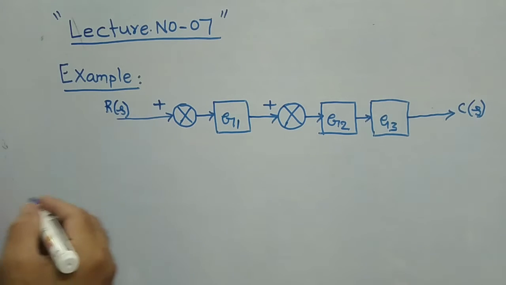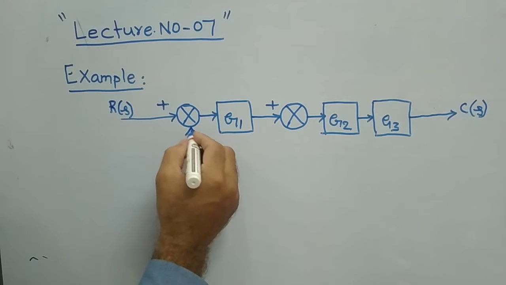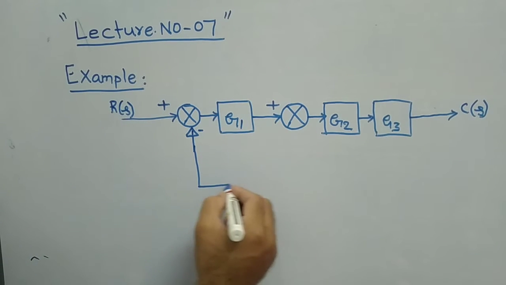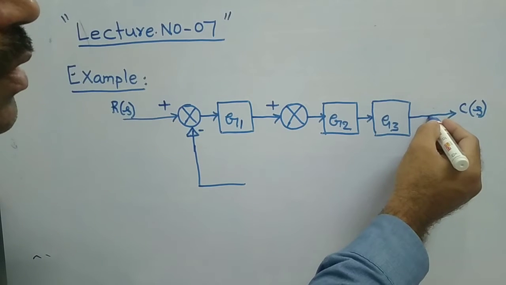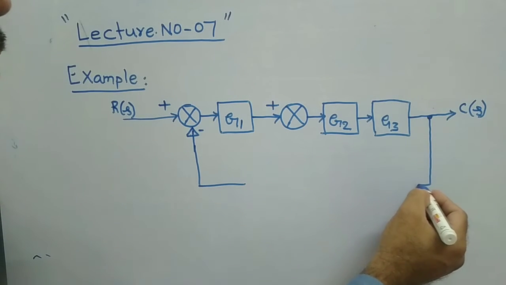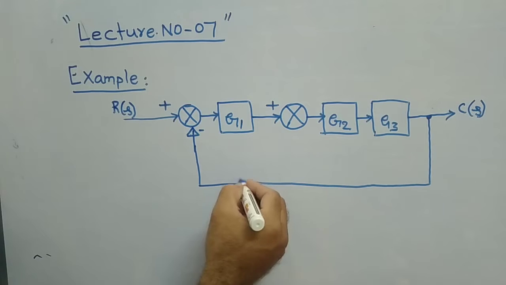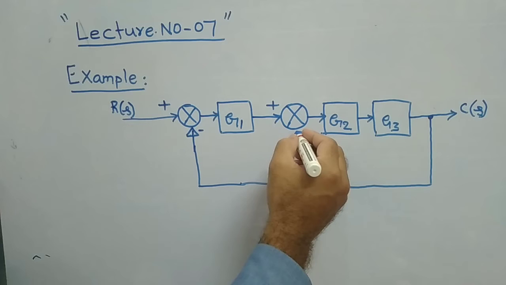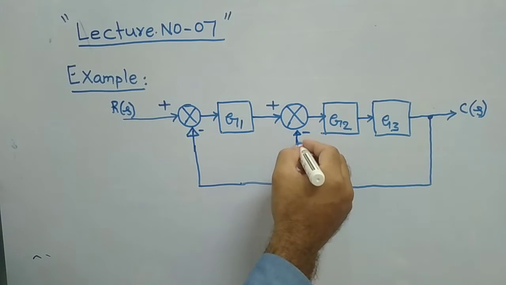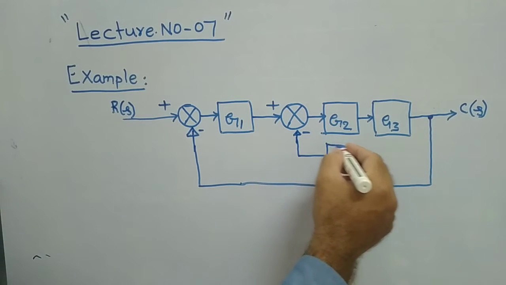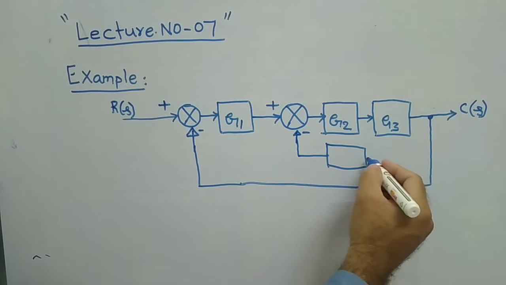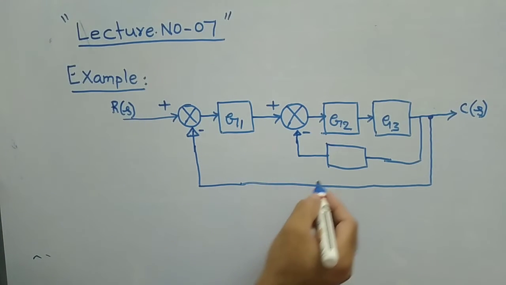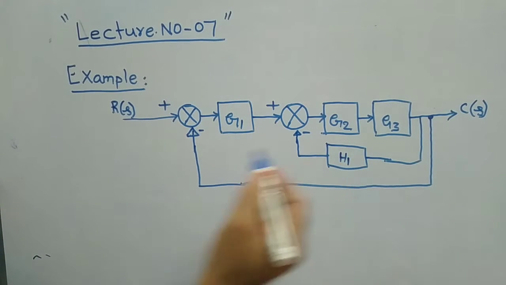And you have one negative feedback loop here, given directly from the output of G3 back to this point. And for this summer you have another negative feedback with a feedback element gain H1.